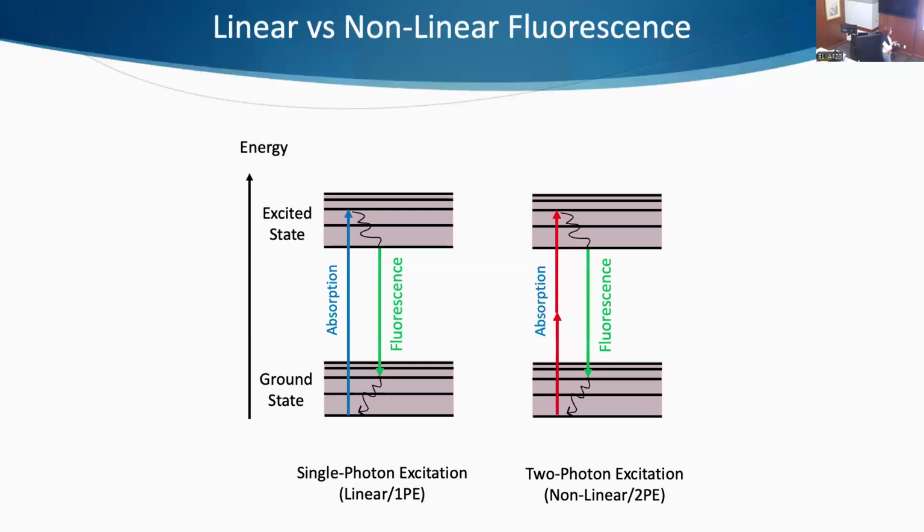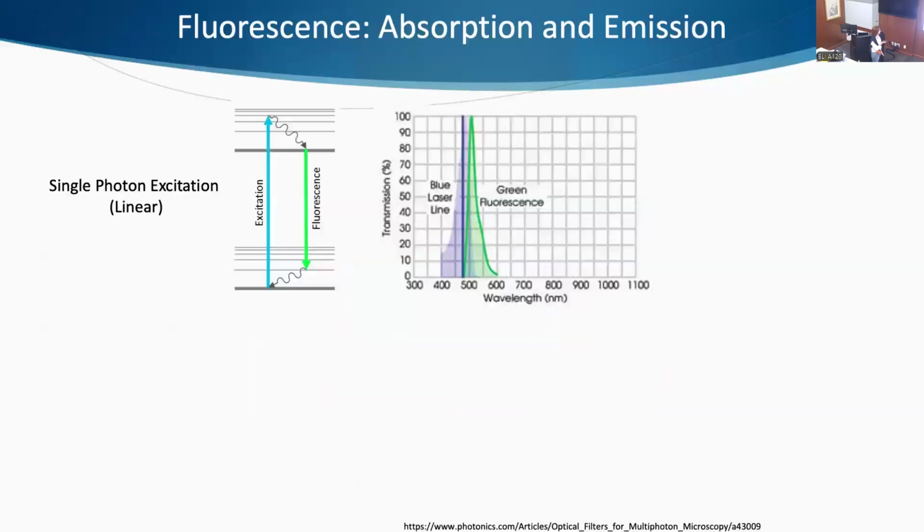One thing I just wanted to emphasize is a few aspects here. First, I wanted to make sure you understand the difference in the wavelength involved in these two processes.